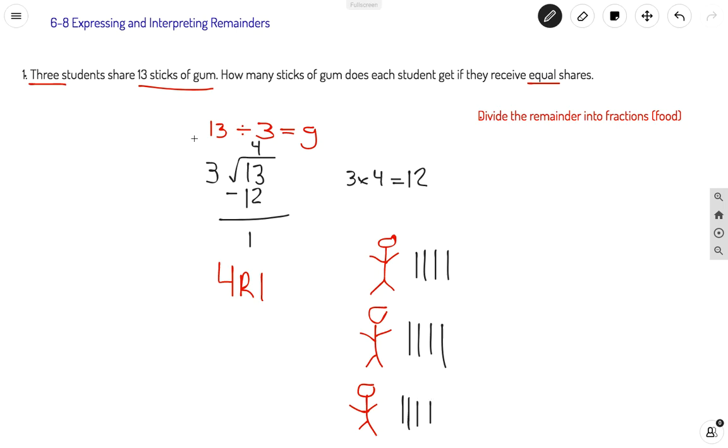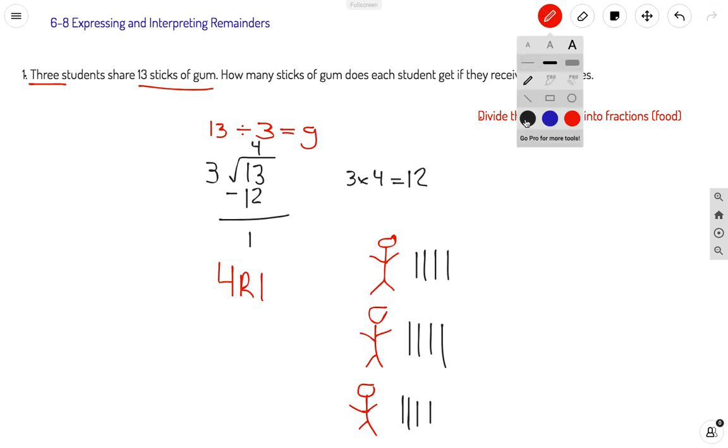But we have a total of 13 in our story problem. So I have one last stick of gum over here. Now, if you think about a piece of gum, I can take that piece of gum and break it up evenly into 3 pieces. So I have 1, 2, 3 pieces of gum. Let's look at it this way.